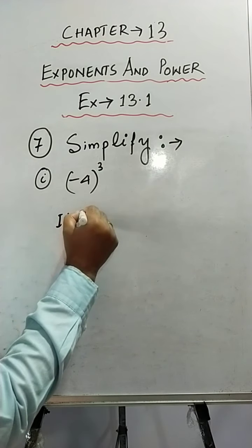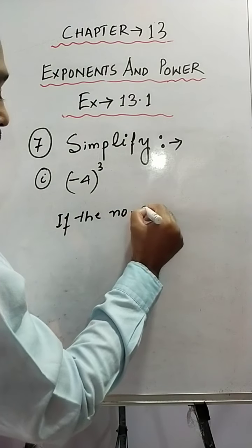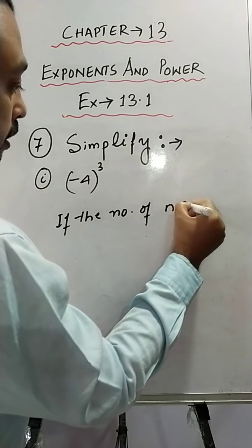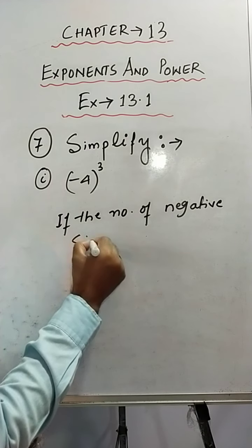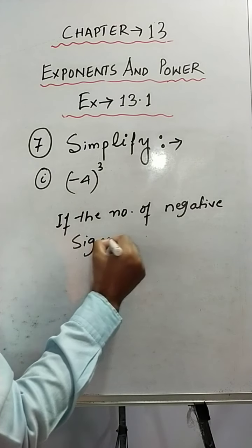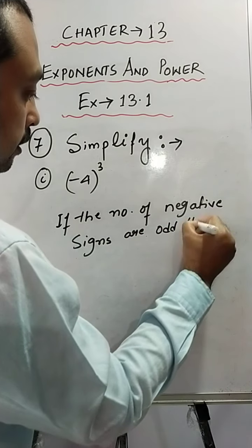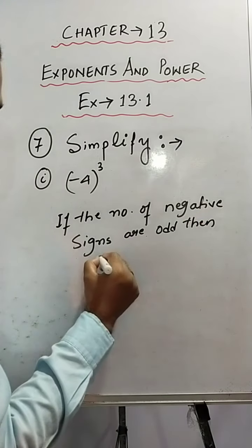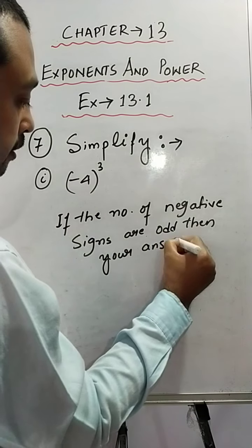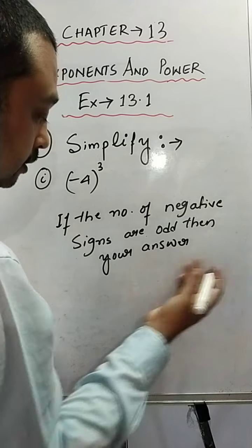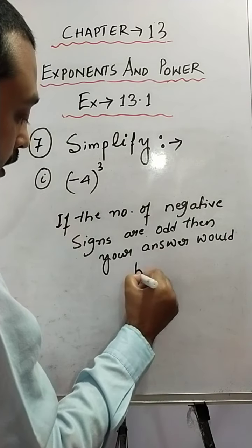If the number of negative signs is odd, then your answer, or you can say your product, would be negative.